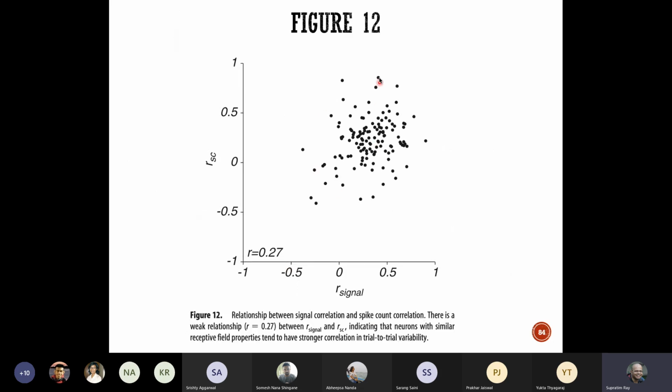Okay, this is another interesting thing, figure 12. I won't talk about it, but I've given you this as an assignment. So you'll have to really read the paper and try to understand what this plot says and write that as your answer. Everything will make sense, how this CCG and spike count correlations are actually important in our understanding of how an ensemble of neurons together code information.